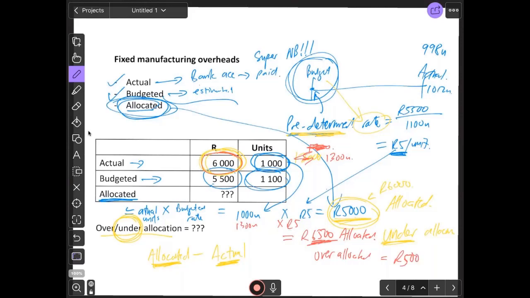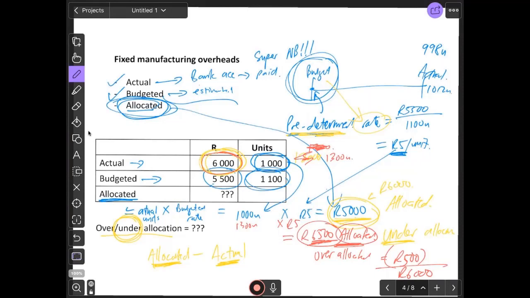So that means we will reduce our fixed manufacturing overheads in the absorption costing income statement that will currently show at 6,500. We'll reduce that by 500, the over allocation, and we'll end up with the actual. So that's basically what we do with the over or under allocation. We adjust for the allocated fixed overheads to get back down or up to the actuals.